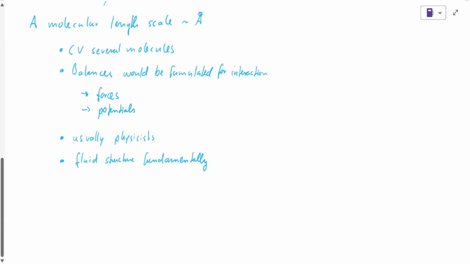And here, all molecules have a certain velocity.